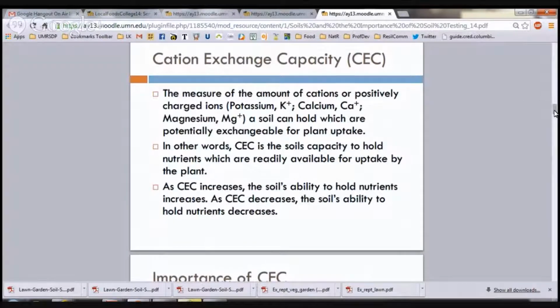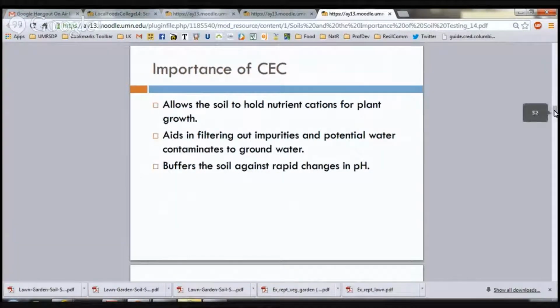CEC basically tells us how well that particular soil is able to hold on to nutrients. So as CEC increases, the soil's ability to hold on to those nutrients also increases. And it also helps in filtering out impurities and potential water contaminants in the soil.